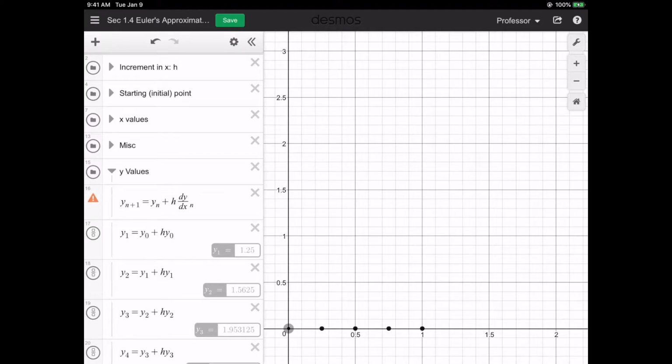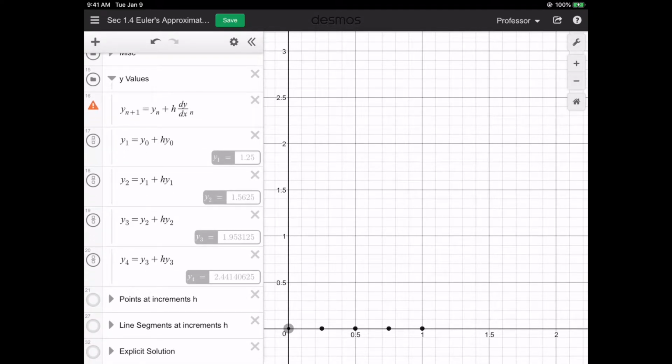For the y values, we essentially had the formula that y(n+1) is equal to the previous value plus h, 0.25, times the derivative, which was just y. So we have all of the formulas here, and they go out to more decimals than I went out to whenever I did it, but we do see the values that y is supposed to be.